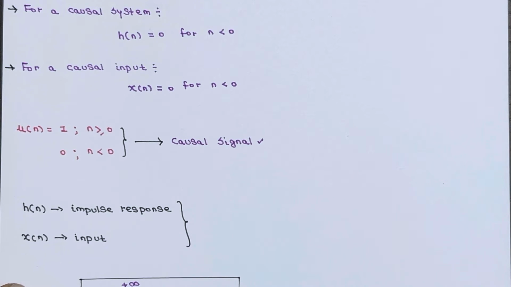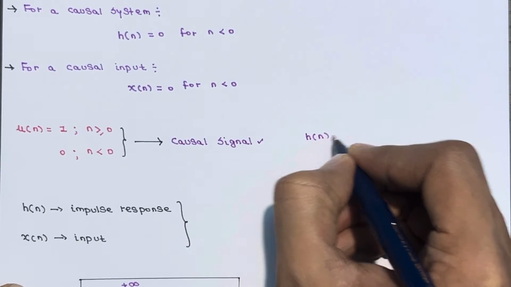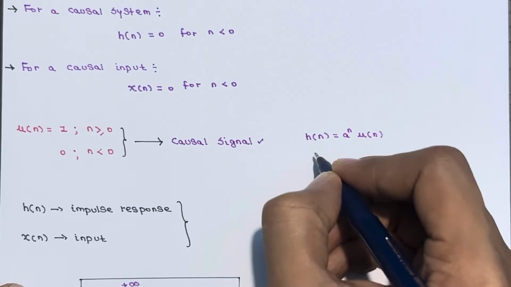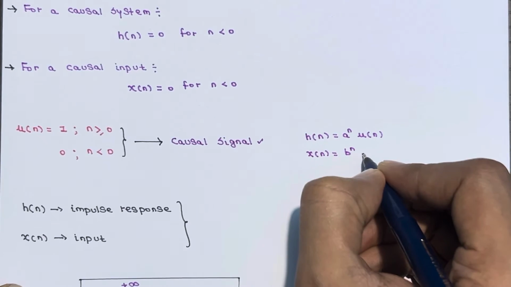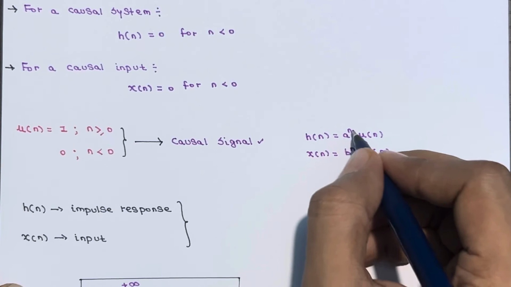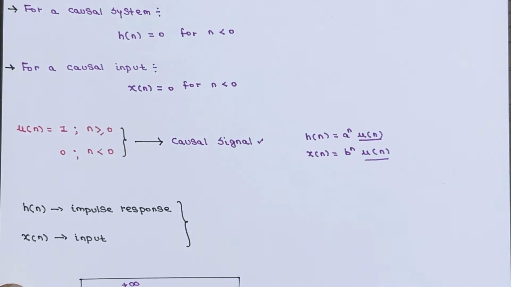And if you see both the expressions, h of n is given as a to the power n into u of n, and x of n is given as b to the power n into u of n. So in both cases, you are multiplying by u of n. As I said, a non-causal signal can be converted to a causal signal by multiplying it by a unit step signal u of n.